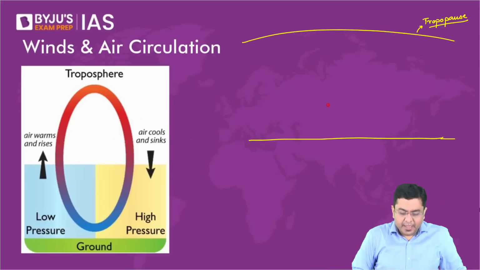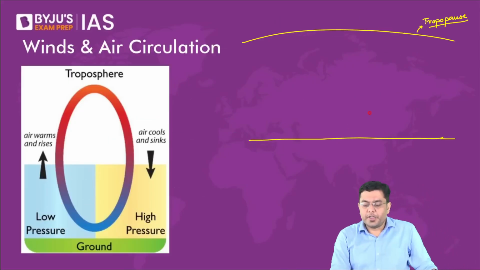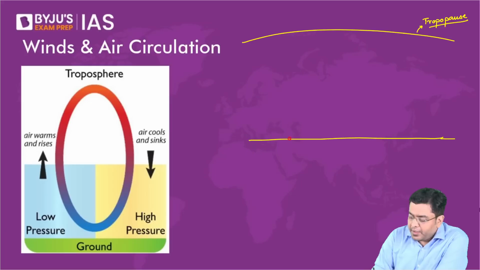Now, here, let us consider the condition here. So let's suppose you have a particular region which is heated by the sun, a significantly hot region, a hotter area. Let's suppose we consider another one that is a colder area.